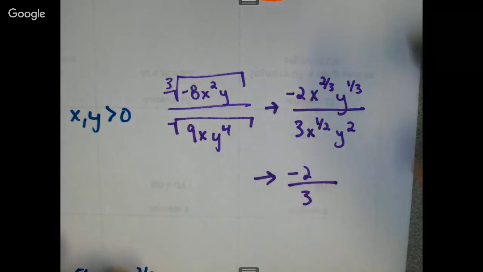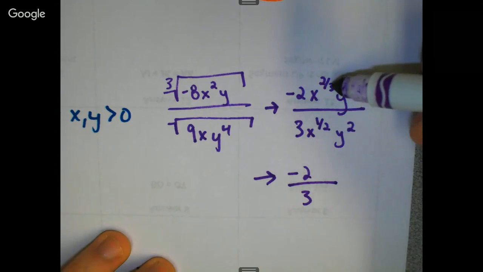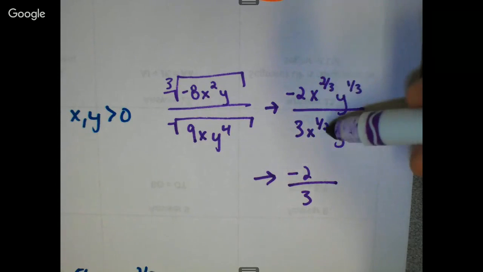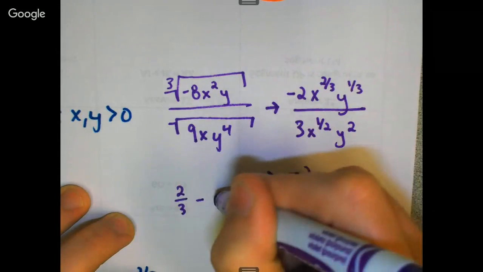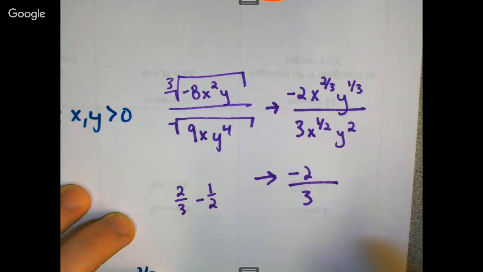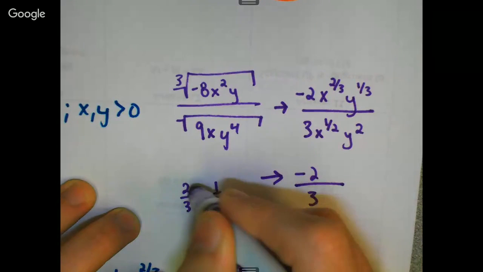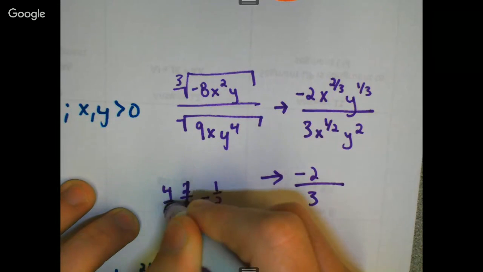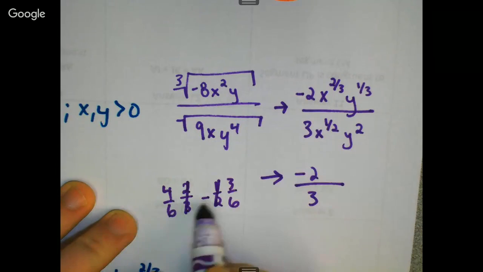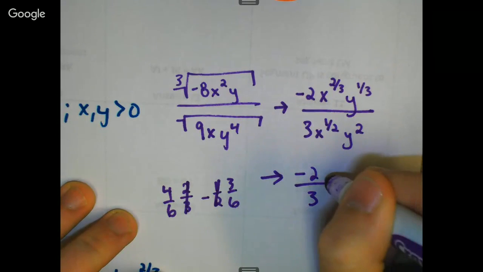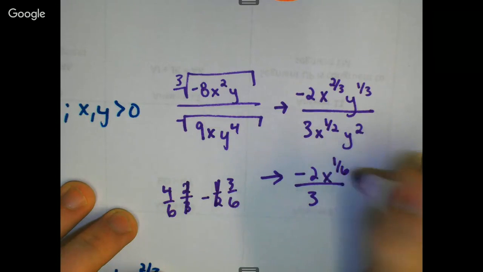Okay, so then we have 2/3 minus a half. So you need a denominator of 6. So that is 4 over 6. And that is 3 over 6. So 4 minus 3, so that looks like 1/6 in the top.